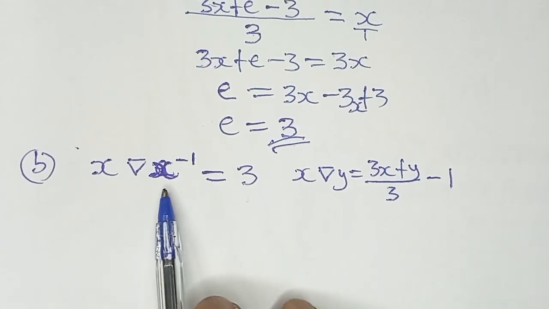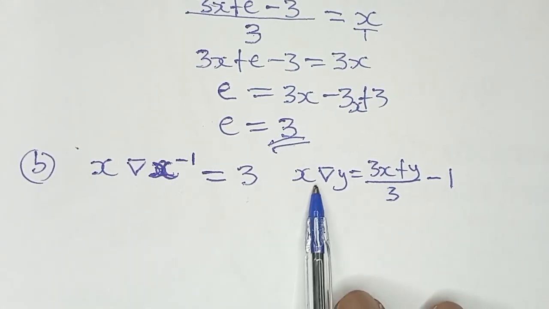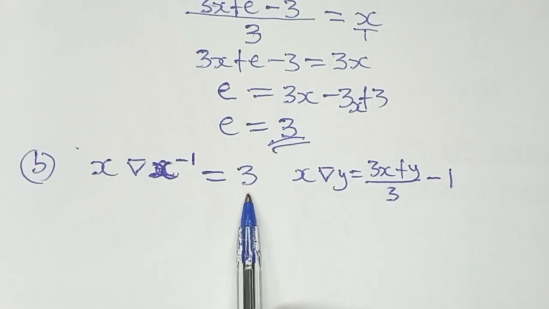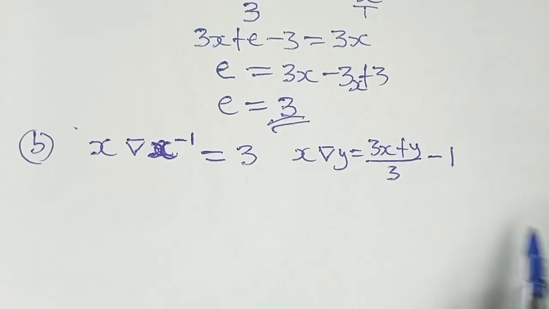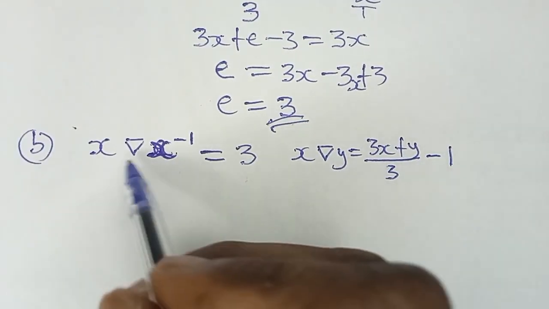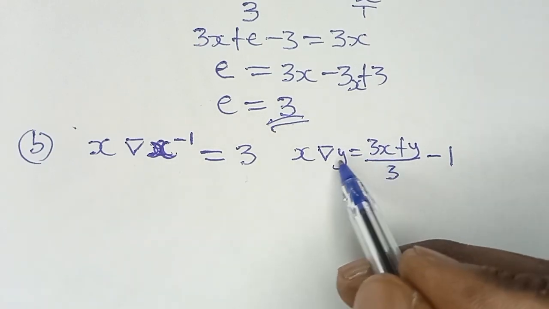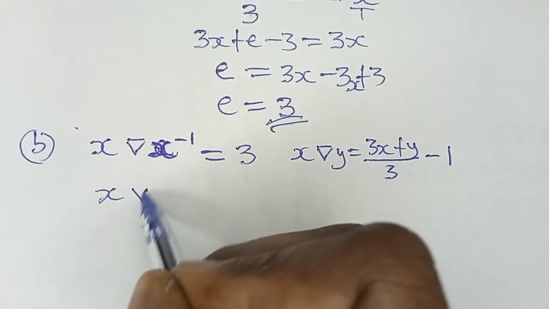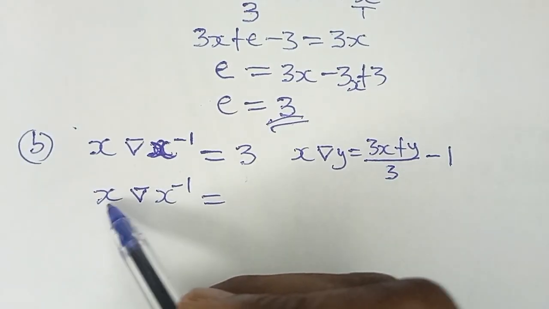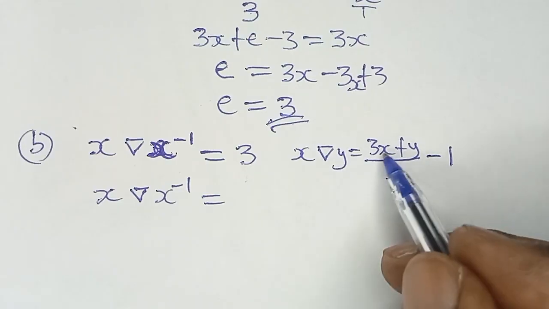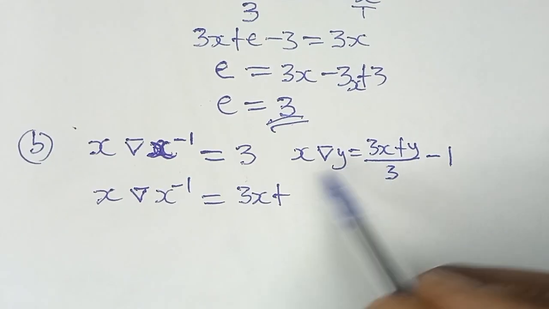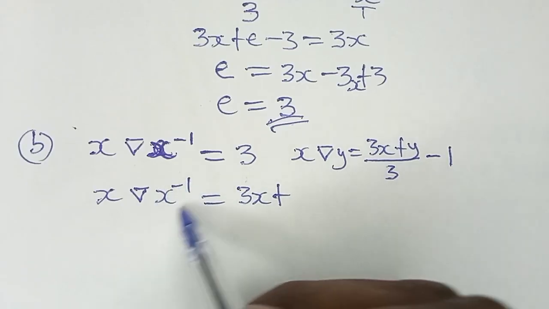Now, we are going to carry this out, and whatever we get should be equal to the identity element that we just obtained. So I have x on x raised to power -1 is equal to, according to the operation, 3x plus y, but this time we're not dealing with y, we're dealing with the inverse of the element.